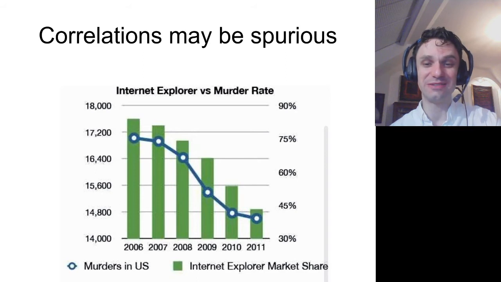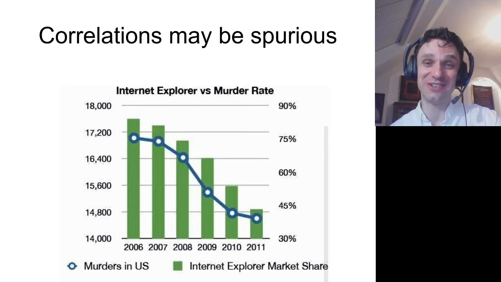Online you can find a lot of different data sets where you can see bunches of variables that seem to be very closely connected, but there is no causal relationship whatsoever. For example, here you can see the association between the share of the Internet Explorer browser and the murder rate in the United States.